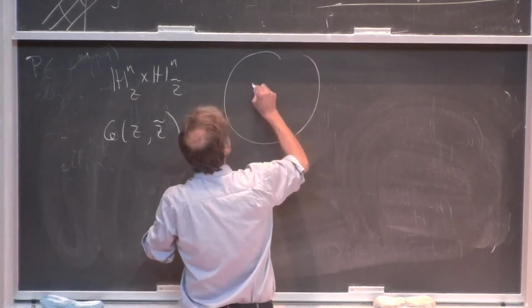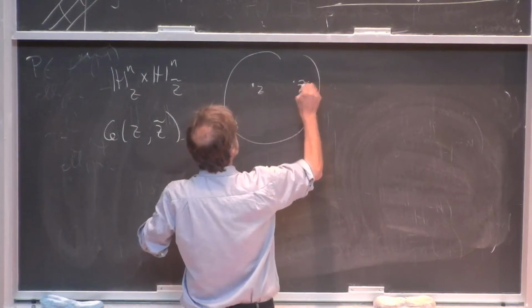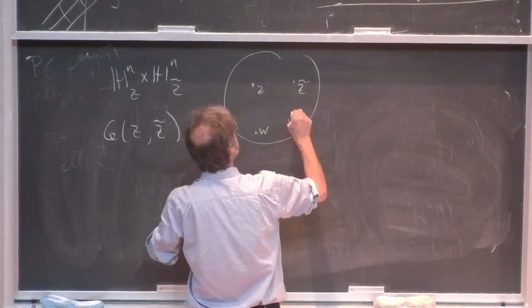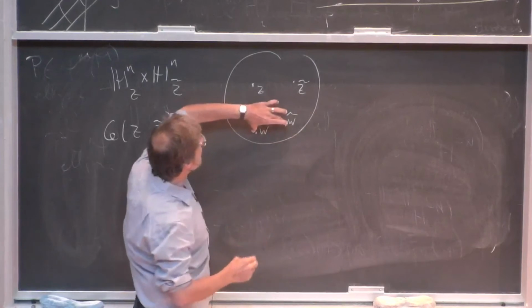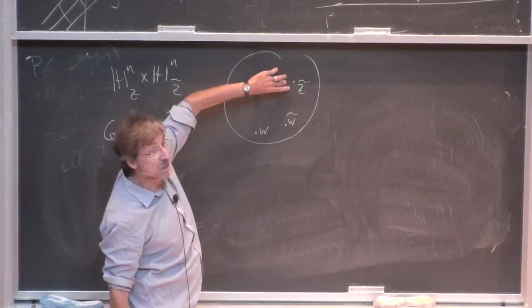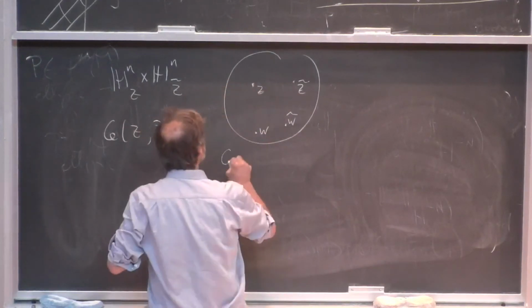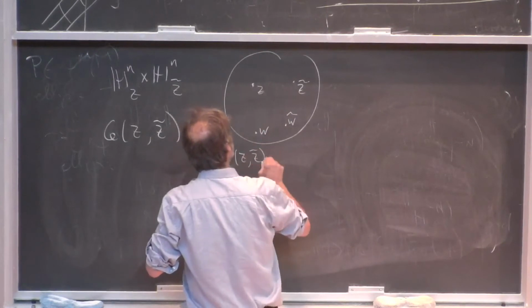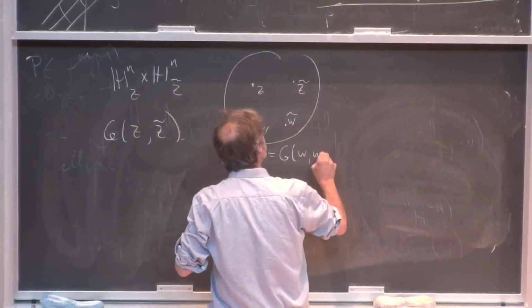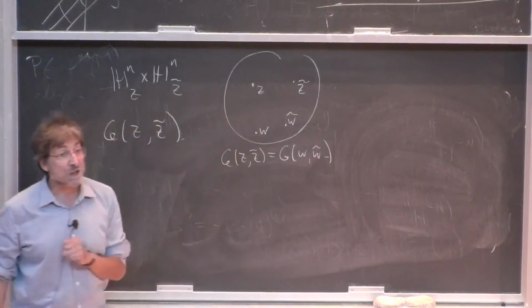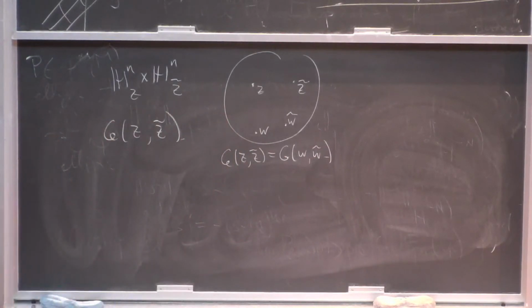So here's hyperbolic space, here's z and z tilde, and here's another pair, w and w tilde. As long as the distance between these is the same as the distance between those, then g of z and z tilde is going to be the same as g of w and w tilde. Namely, it only depends on the distance between the points.